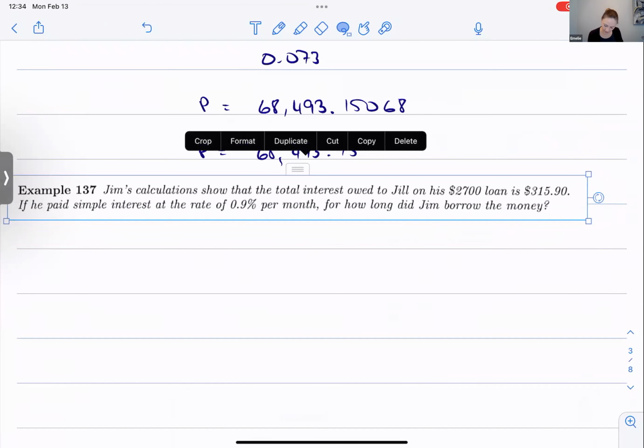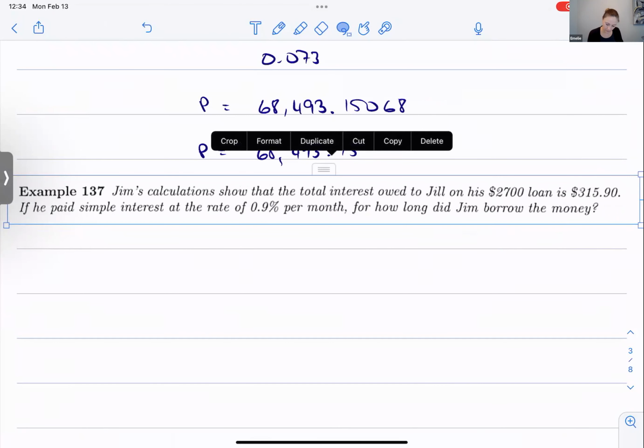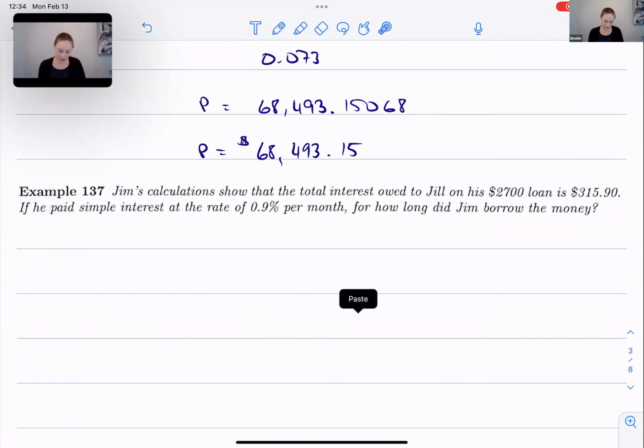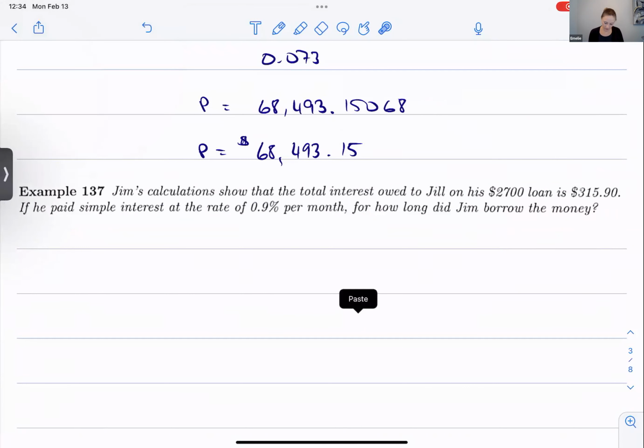Example 137. Jim's calculations show that the total interest owed to Jill on his $2,700 loan is $315.90.